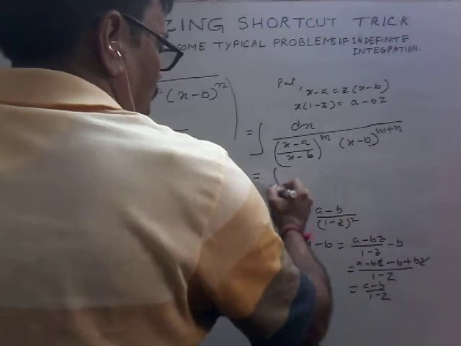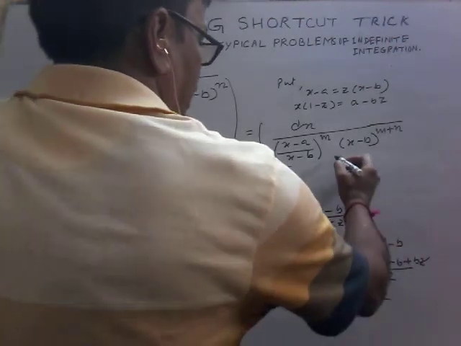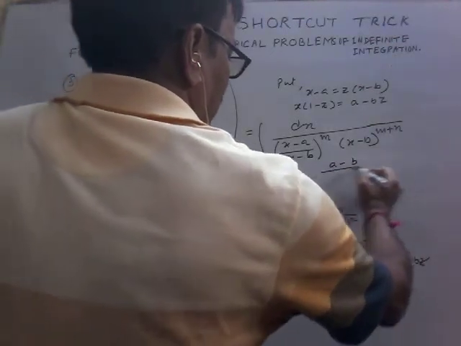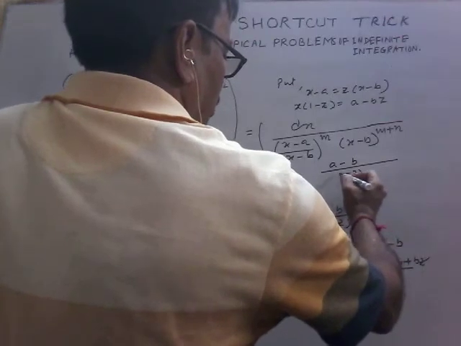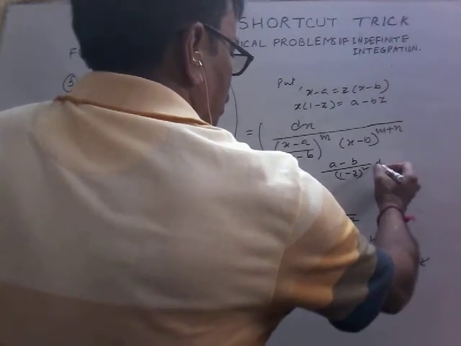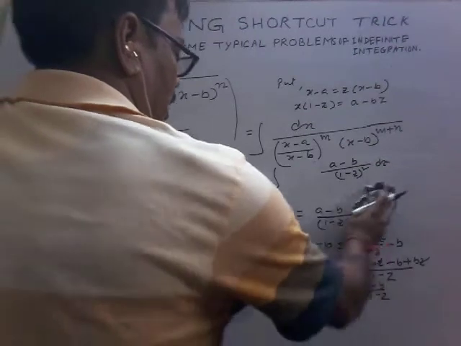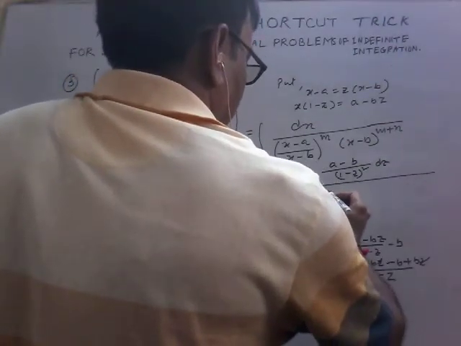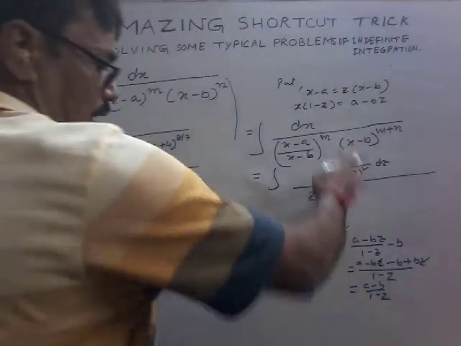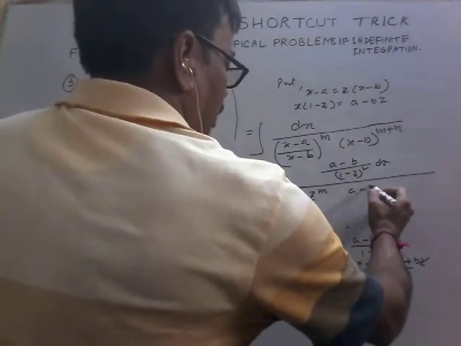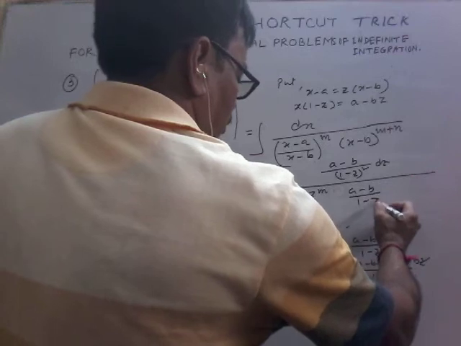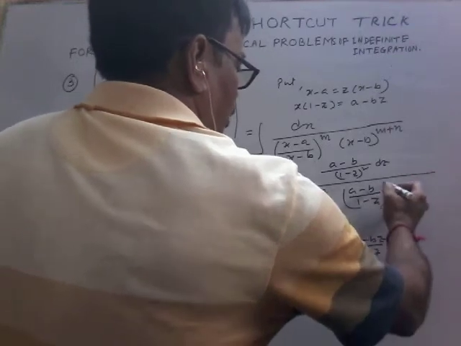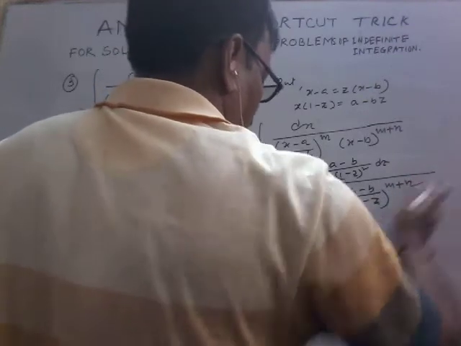So what is dx? (a minus b) by (1 minus z) whole square dz. This is the value of dx, and this is z to the power m. And what is x minus b? (a minus b) by (1 minus z), whole to the power m plus n.